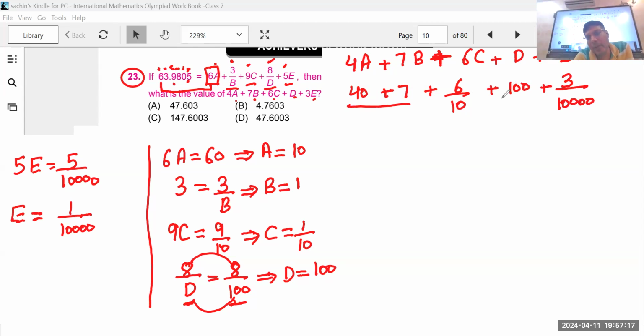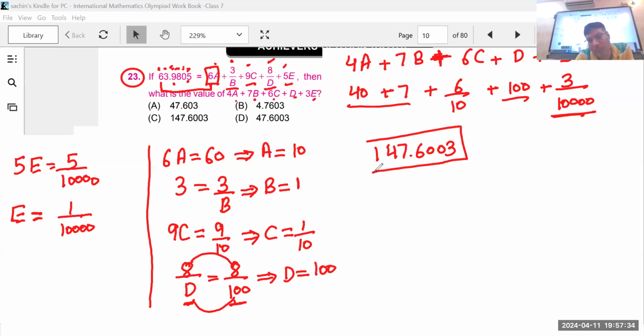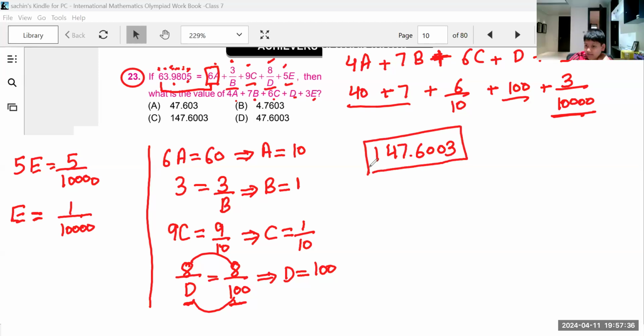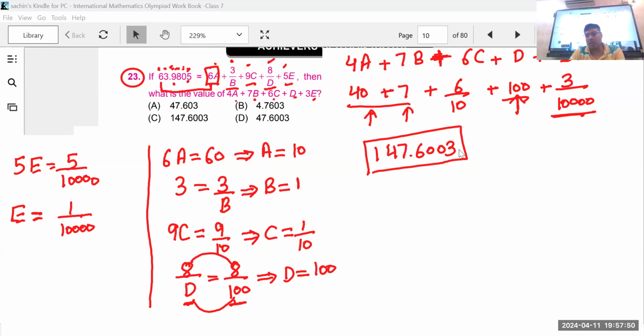So your number will be 147.6, and then there is nothing at the 10th place, 100th place, nothing at the 1000th place, and then at the 10,000th place we have 3. Sir, why did you get 147, not 47? Because there is 100 also, no? Oh, that is why. All right, has everyone understood? Yes, sir.